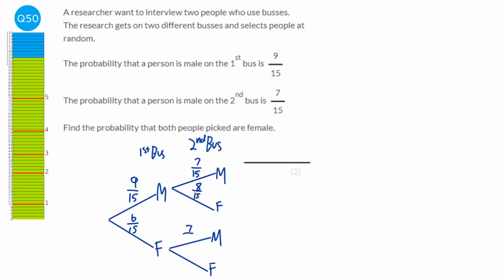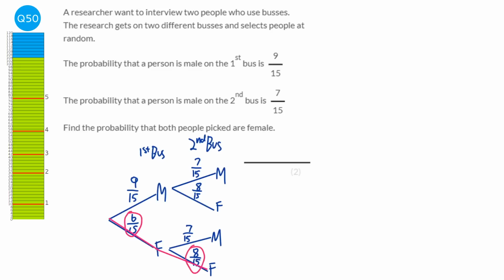And it's independent, so these will be the same. The question is basically asking what is the probability that both will be female. So to have both female, we need to have gone down this line at the start and then this line again. Looking at the fractions along the way, it's 6/15 and 8/15.